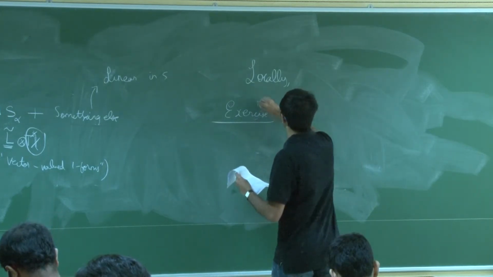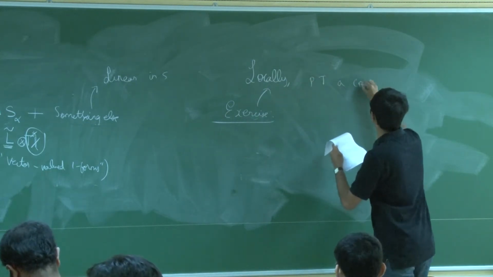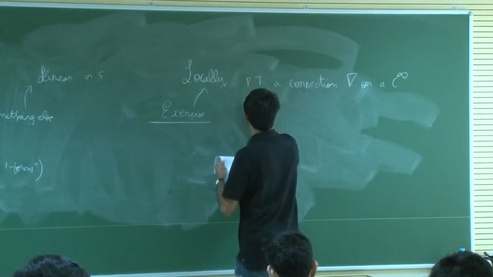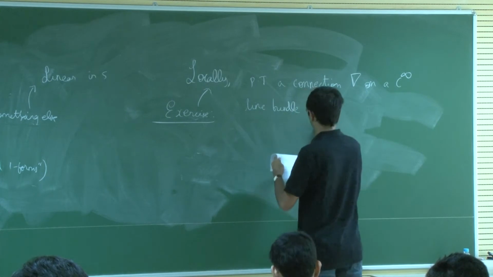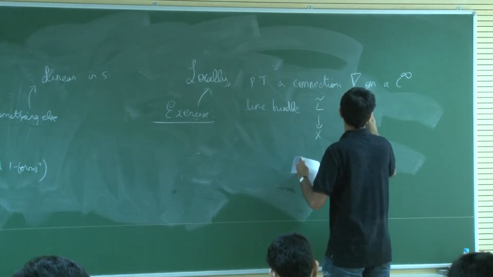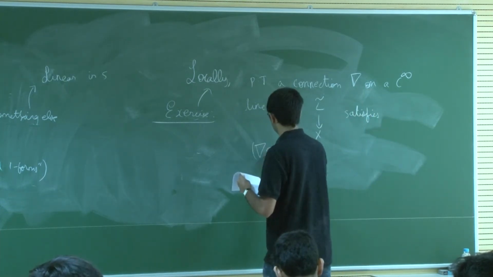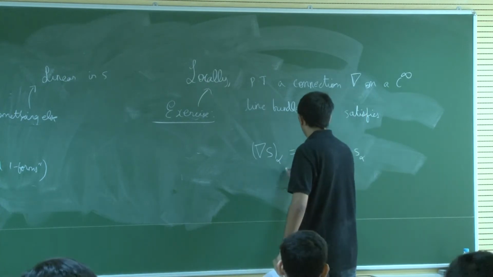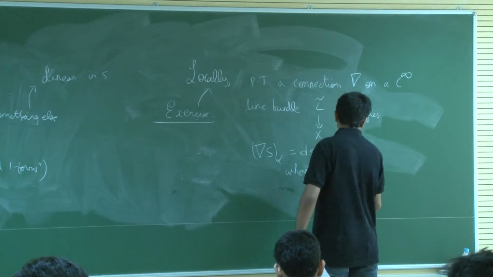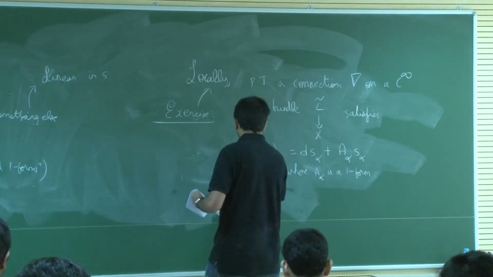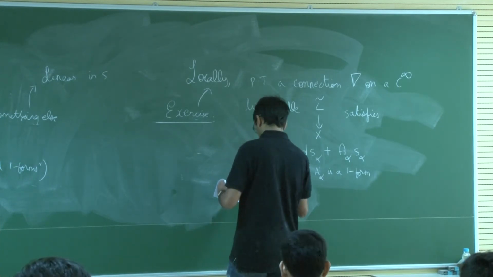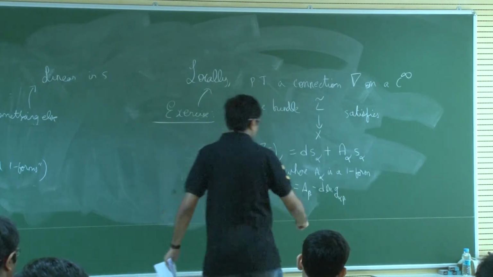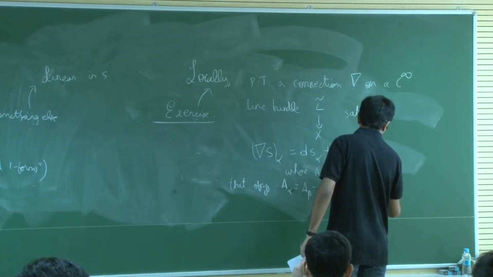Locally, prove that a connection nabla on a smooth line bundle L tilde over X satisfies nabla S_alpha is d S_alpha plus A_alpha S_alpha, where A_alpha is a one form that obeys this rule: A_alpha is A_beta minus d log G_alpha beta, which for vector bundles won't make sense.